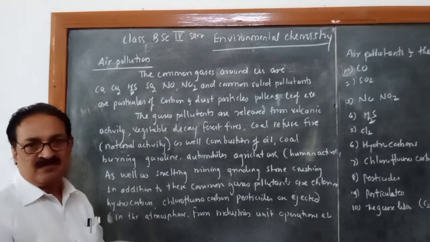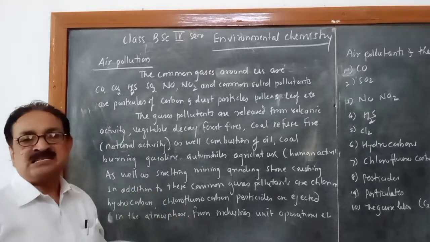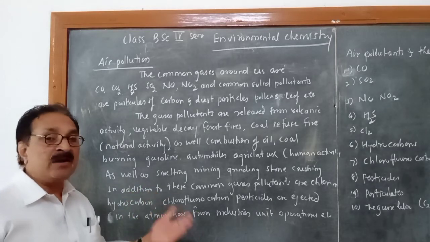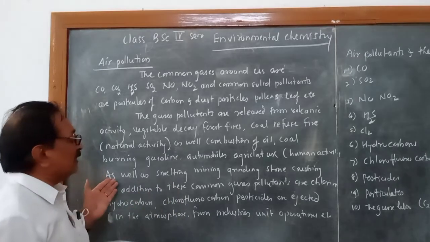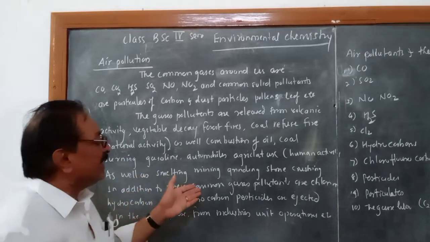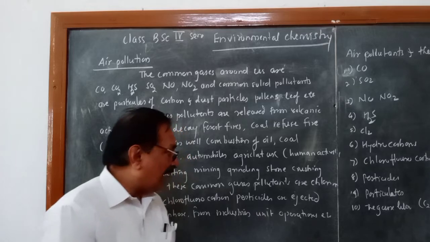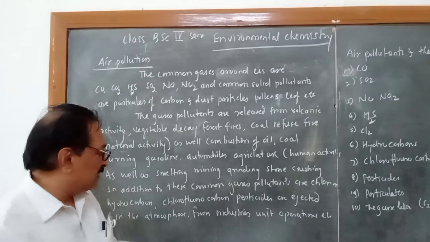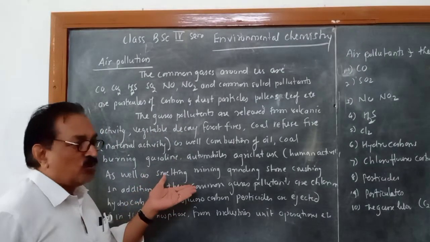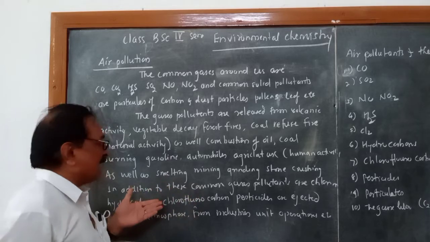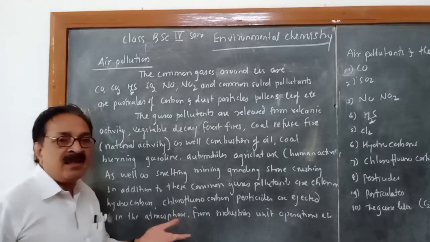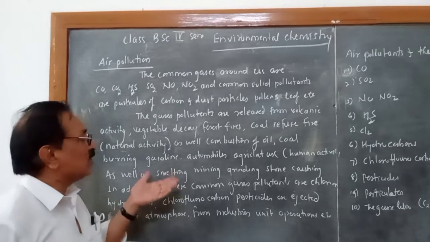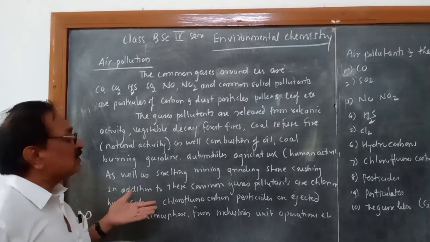All these unwanted gases are liberated. That becomes air goes on polluting and polluting. Not only that, even we can take smelting, mining, grinding, stone crushing. All these are human activities. Due to that, the solid small particulates are completely exposed to the atmosphere so that the air goes on polluting.